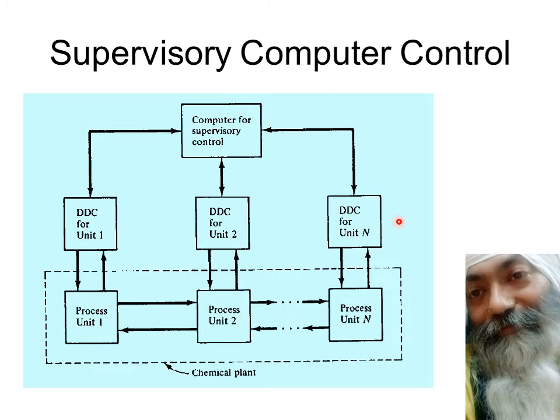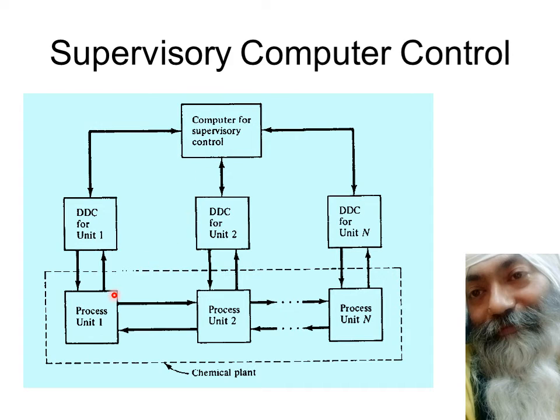So all these DDCs need to be supervised from yet another computer, which will give a clear indication of what the set point should be for this DDC, and what the set points should be for the other DDCs. So it's all placed under one supervisory control computer.